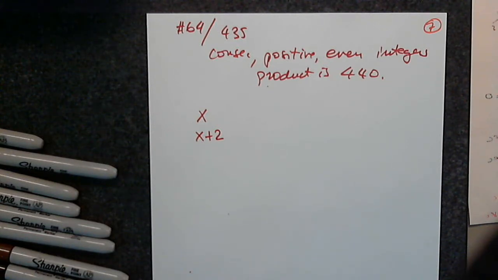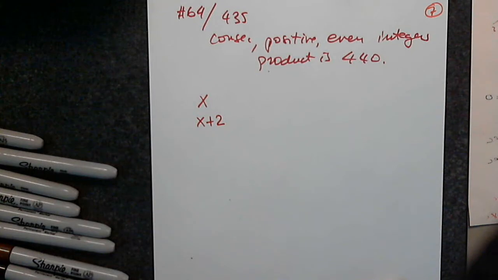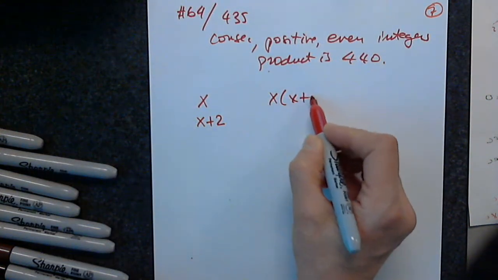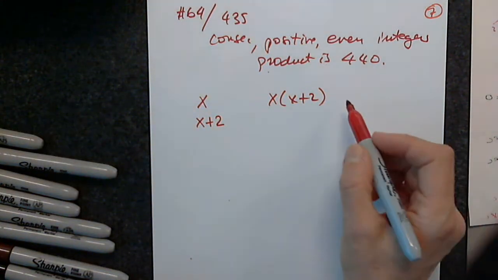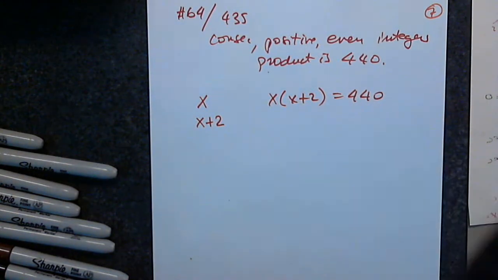We are told that our product is 440. How do I write that? x times x plus 2 equals 440. That's it. So this is the equation that I have to use to solve for x. And once I have x, of course I have x plus 2.